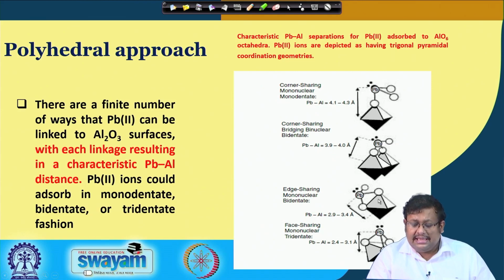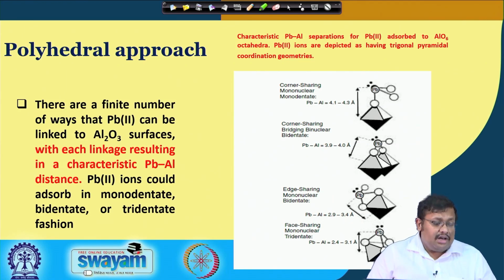So, here you can see it is sharing the edge, but it is bidentate because it is attached to 2 oxygen, and this is a mononuclear octahedra. And also face sharing mononuclear tridentate. So, you can see it is linked with 3 oxygen atoms, which are basically attached to 3 corners of a face of an octahedra. So, basically it shows the mononuclear tridentate octahedral coordination.